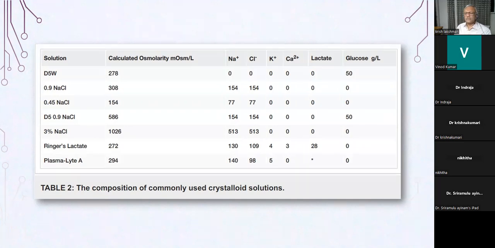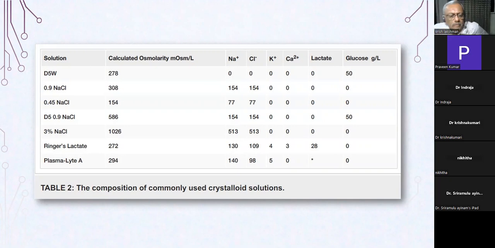So what is the normal osmolarity of plasma? Praveen? 290, sir. Milliosmoles. All right.